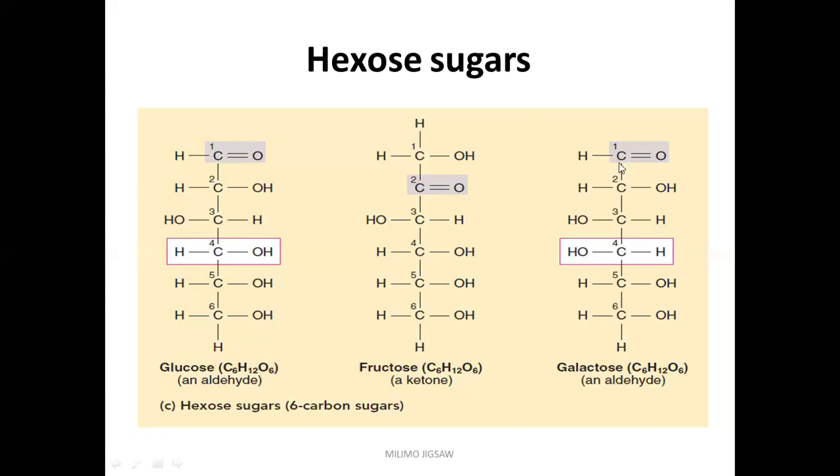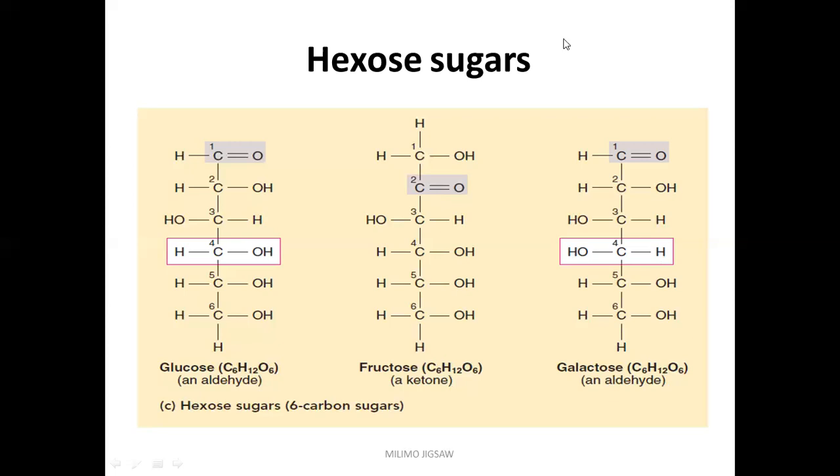However, glucose and galactose differ in carbon 4, in the position of the hydroxyl group. Remember, we looked at isomerism.